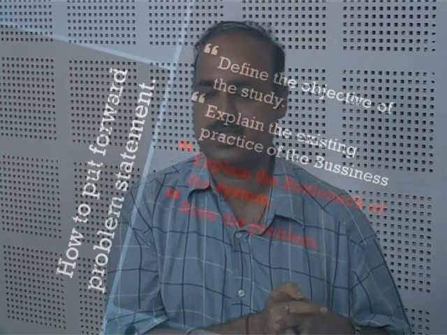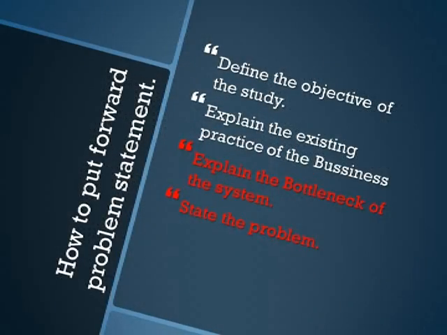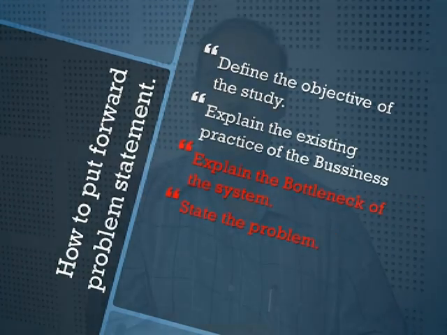All these things you have to explain in your project report, and then explain the bottleneck of the system. From that bottleneck you state the problem, and based on that problem you give the objective.